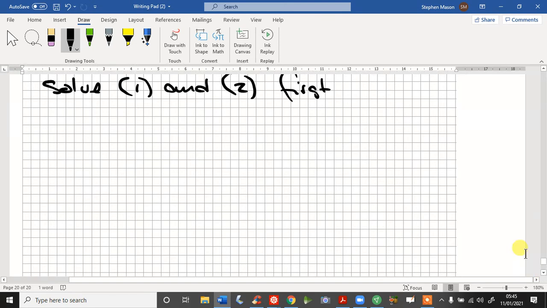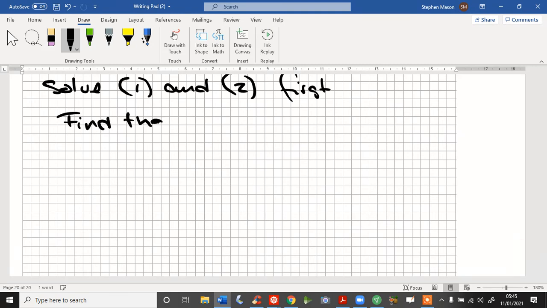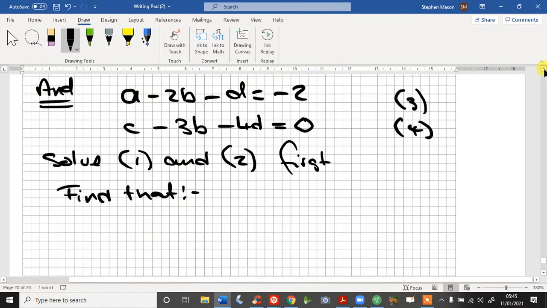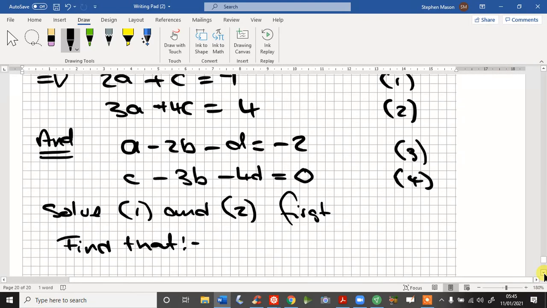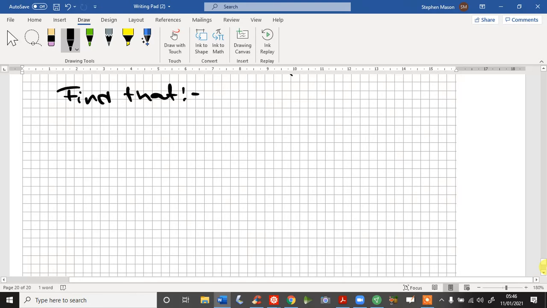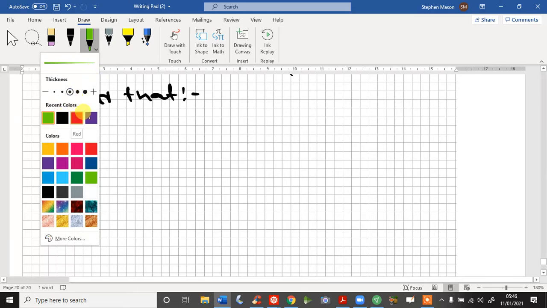So if you solve 1 and 2 first, you find that A and C are, I'll write this in red, you want it to be highlighted.